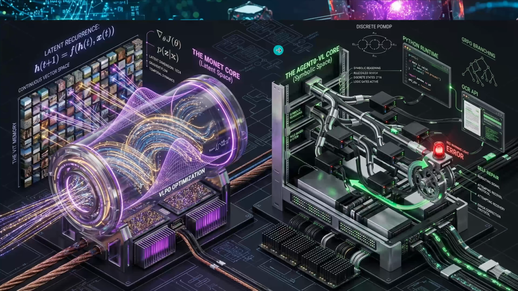And you see here, of course, Nano Banana Pro. Look at this. I tried to make a visualization so that you see Monet on the left side. What you have is a vision transformer memory space, which is a continuous vector space, where we have our image patches, you remember? And those image patches are the input to our supervised fine-tuning and our reinforcement learning VLPO optimization run.